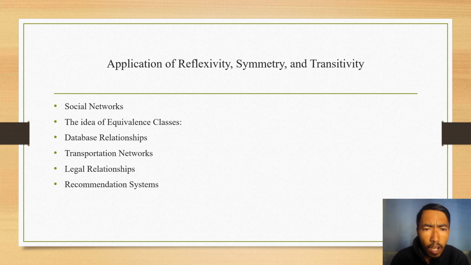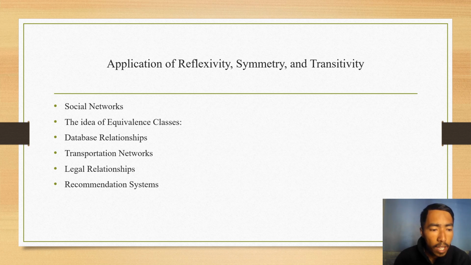Now the applications of reflexive, symmetric, and transitive. There are many applications, such as social networks. Reflexive in a social network is reflected in friendship: a person A is friends with himself, which is always true.